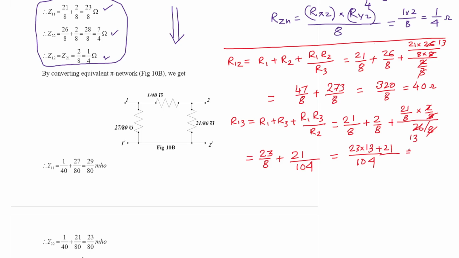So altogether it will become 320 by 104. So it will be 40 by 13. 40 by 13 ohm.